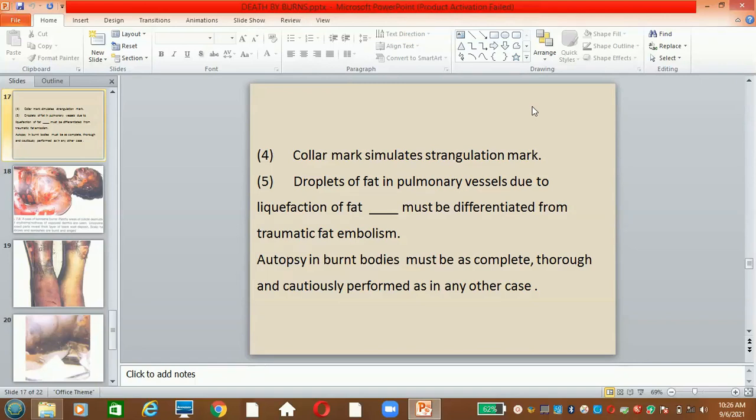It is not traumatic fat embolism, it is fat embolism due to effect of heat. It is said that autopsying burnt dead bodies must be as complete, as thorough, and as cautiously performed as in any other important case.